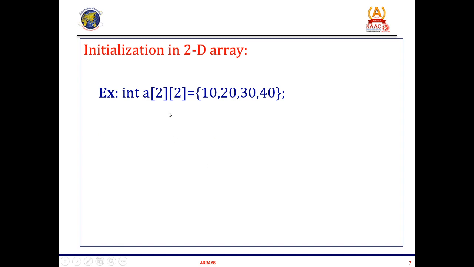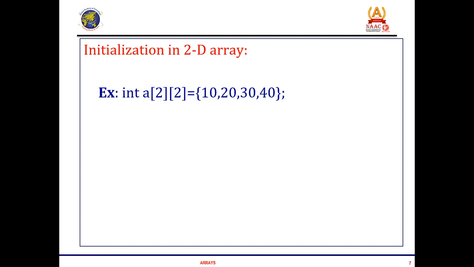You have int a of 2, 2 is equal to, opening curly brace 10, 20, 30, 40, close the curly brace and terminate it with a semicolon. You know very well, whenever you want to initialize the elements of an array during its declaration, those elements are separated by commas and enclosed in a pair of opening and closing curly braces.